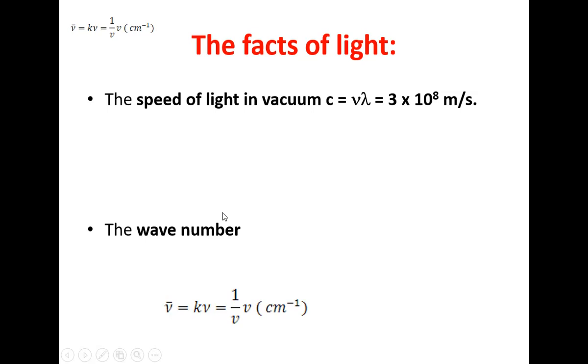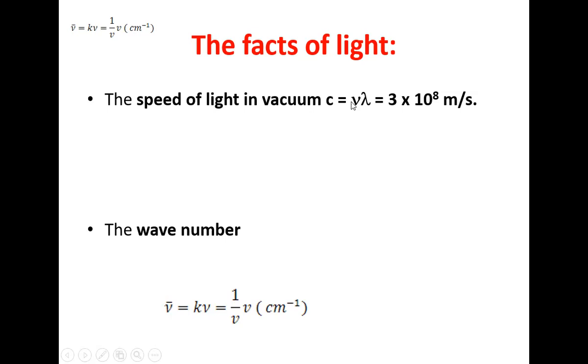So one of the equations that we know, the speed of light in a vacuum, C, is going to be equal to nu times lambda. Remember last time I reminded myself what speed is all about, right? Speed is length over time. 1 over time, per second, is the frequency. That is the nu.